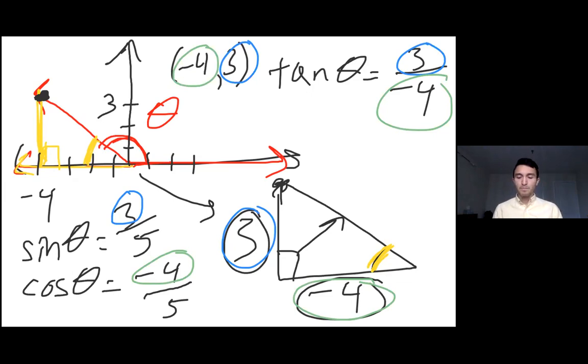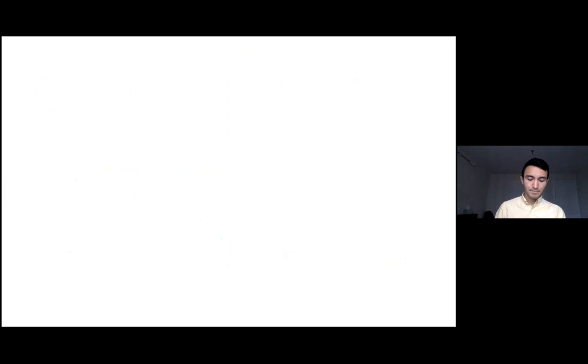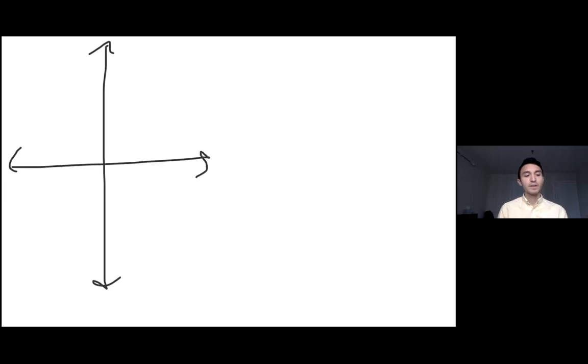So let's do an example actually. So let's say I had a graph. Of course we have 0 and then 90, 180, 270, and 360. So the wording is like, you have a point.